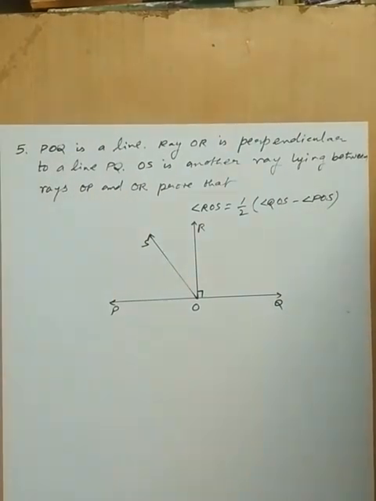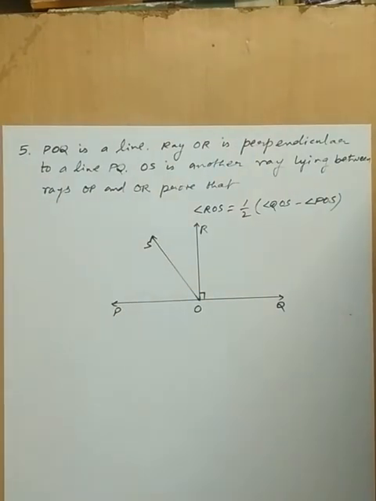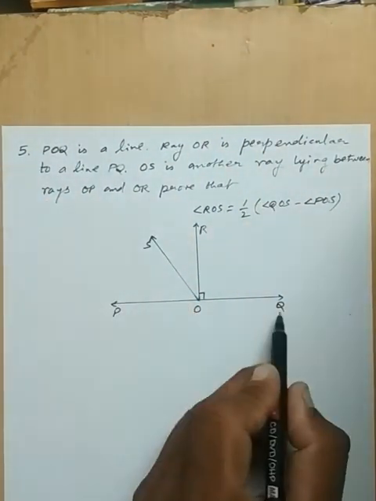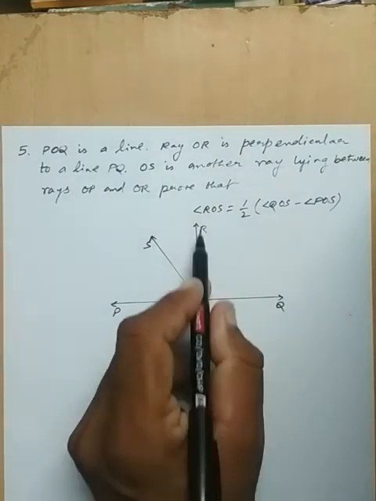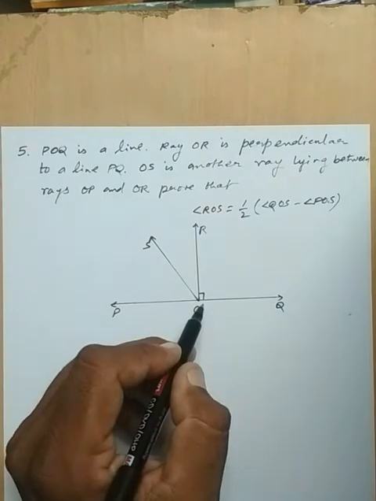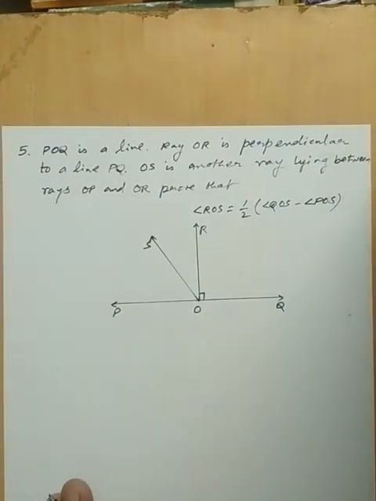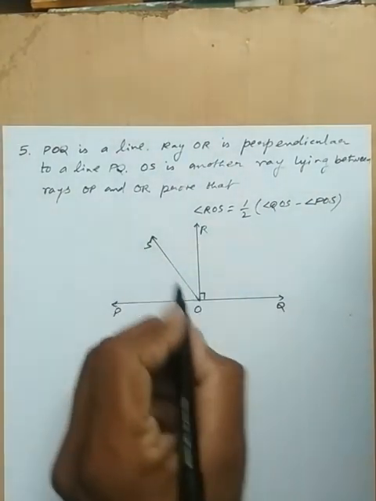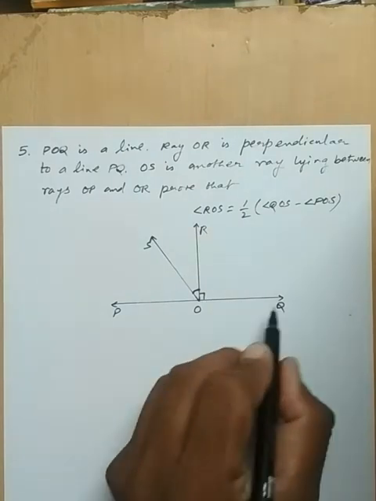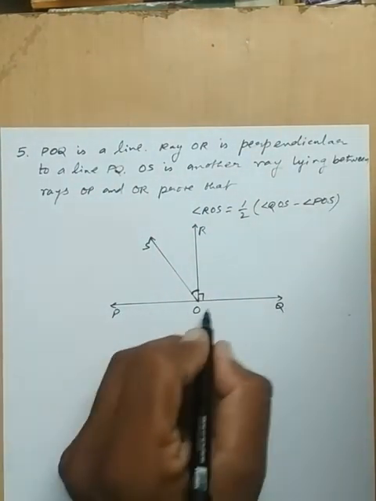Our next question is a very important question for this chapter. Here POQ is a straight line, and ray OR is perpendicular to PQ, and OS is another ray lying between them. Prove that angle ROS equals half of angle QOS minus angle POS.